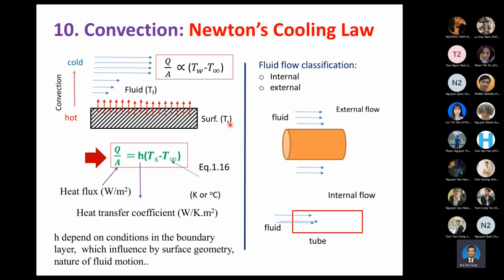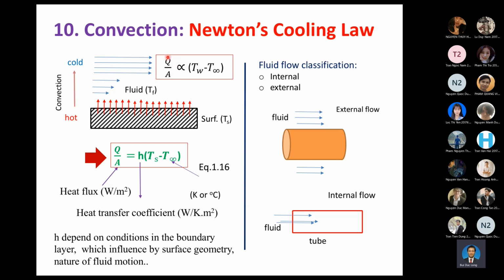The surface temperature Ts is higher than Tf, so the fluid cools down this surface. This surface is hot, so heat will transfer from this surface to the surrounding environment.